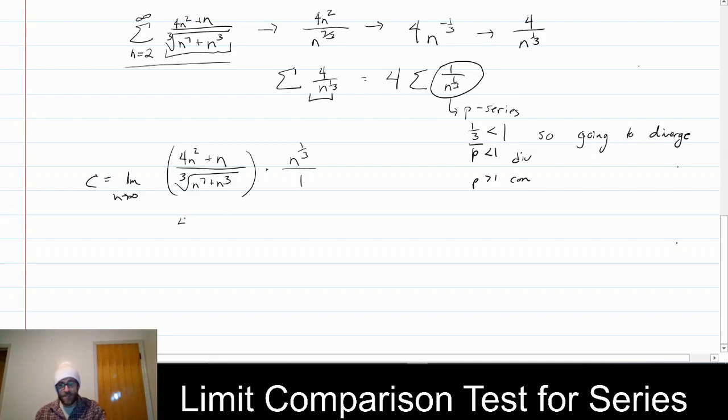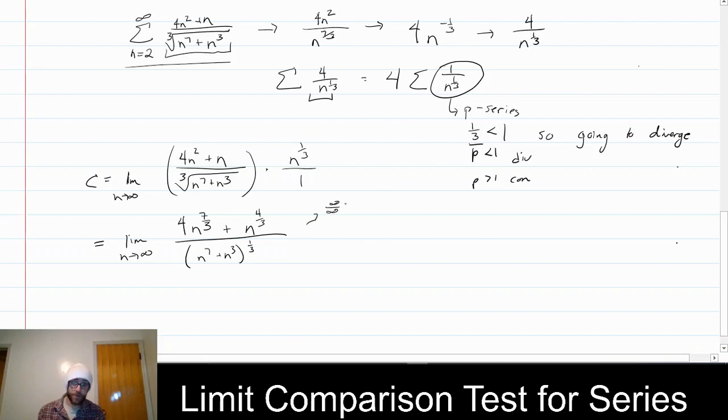Now we can simplify this a little bit. We get 4n, that's 6 thirds plus 1 third, that's 7 thirds, plus n to the 4/3 over the cube root, but we can actually say that's n to the 7th plus n cubed to the 1/3. And remember, we're still taking our limit here as n goes to infinity. So these are equal. Now, as we approach infinity, what we have is infinity over infinity.